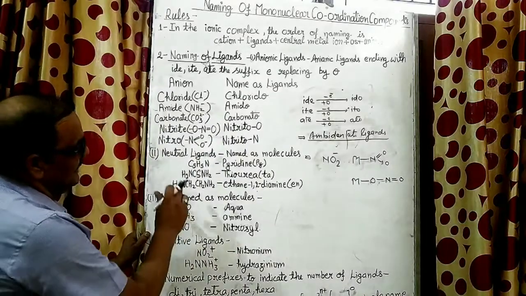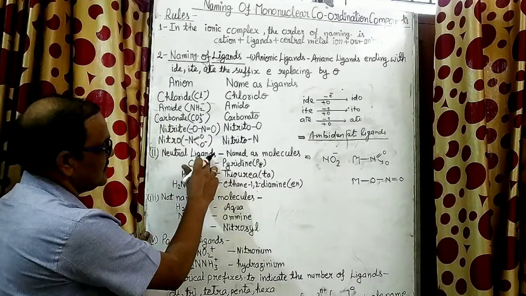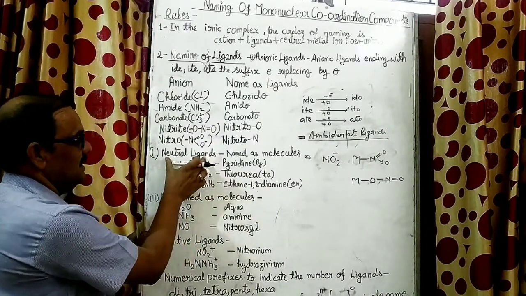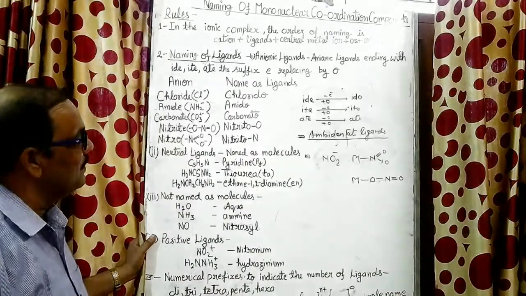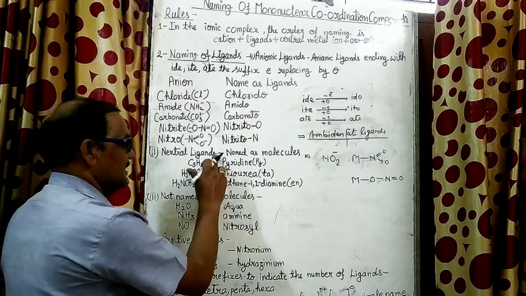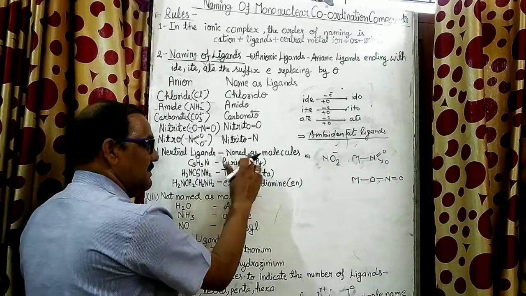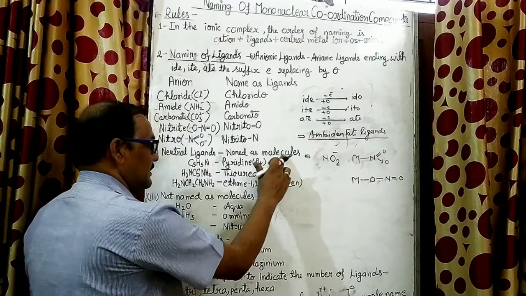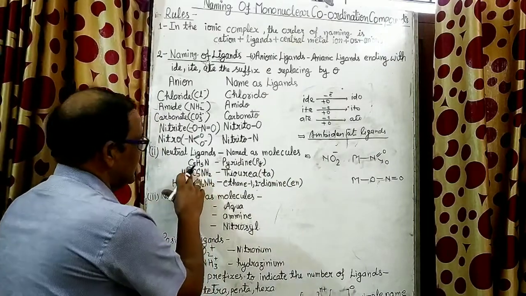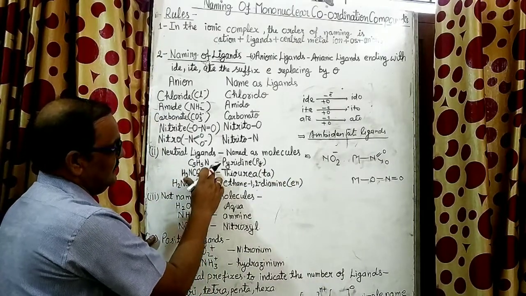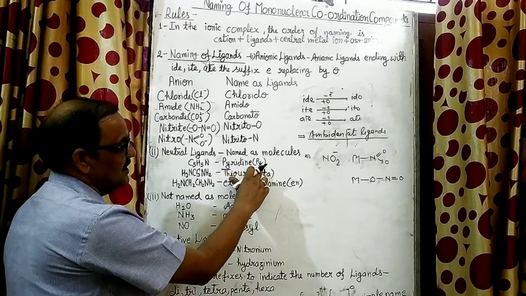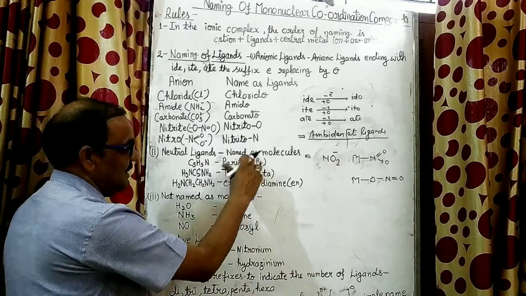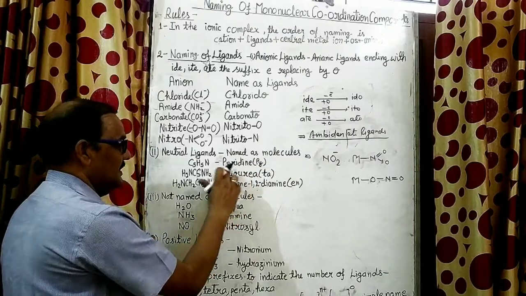Next type of ligands, that is the neutral ligands. Neutral ligands means there is no charge but having a lone pair of electrons. Especially some are named as a molecule, like C5H5N, that is pyridine, and the abbreviated form is py. So the name as a ligand is pyridine.